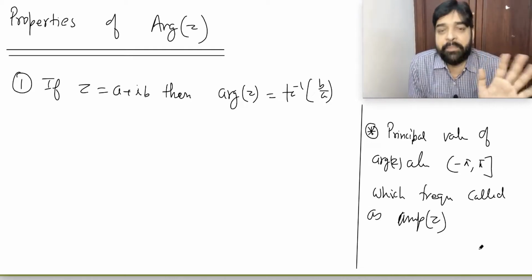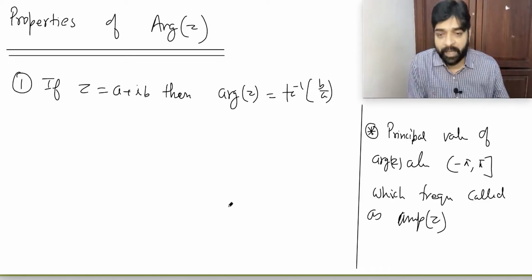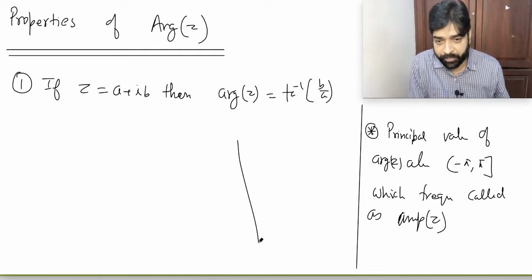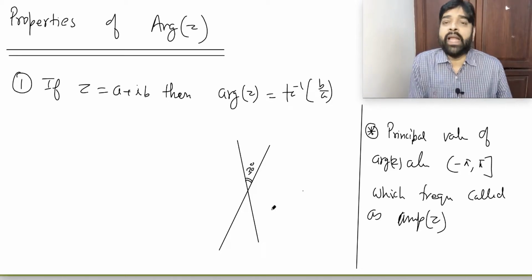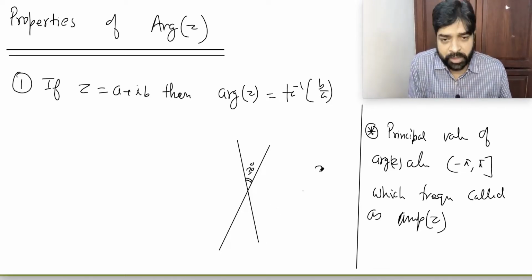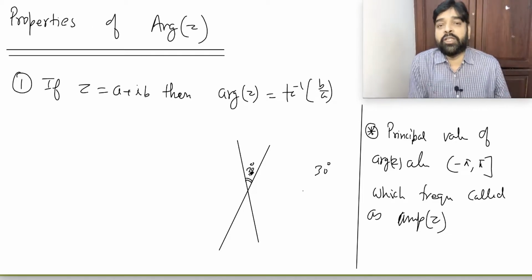We always tell the principal value by default. Like suppose somebody says, listen to me and answer me. These are two lines. What is the angle between these two lines? You say, sir, 30 degree. You only draw. Yes or no? So actually by default we say 30 degree, but basically not only 30 degree.